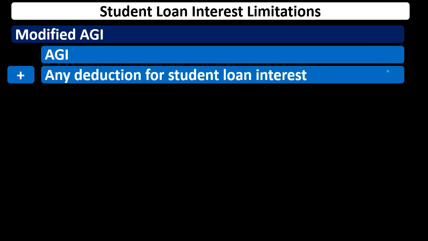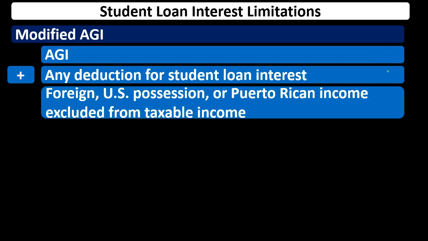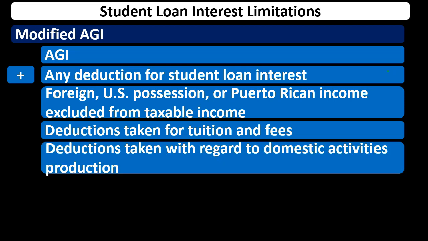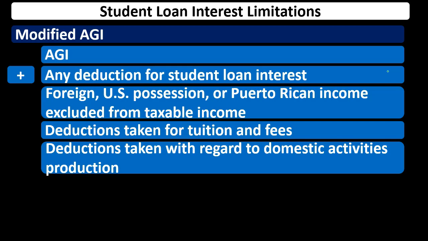So AGI plus any deduction for student loan interest, foreign, U.S. possession, or Puerto Rican income exclusion from taxable income, deductions taken for tuition and fees, deductions taken with regard to domestic activities production, and that's going to be our calculation of the modified adjusted gross income.